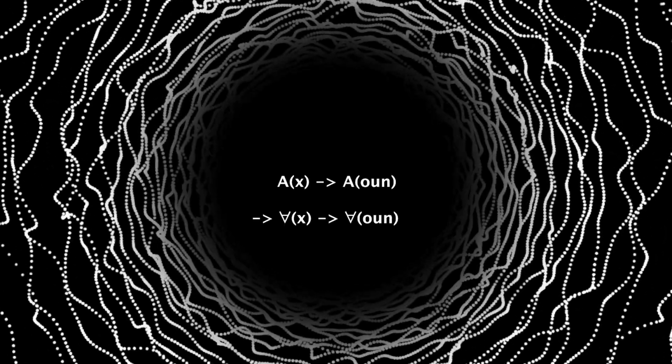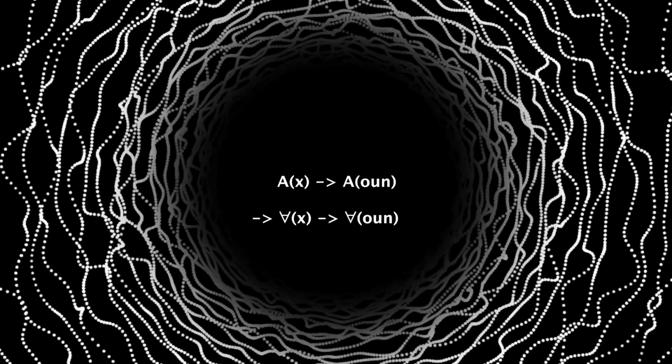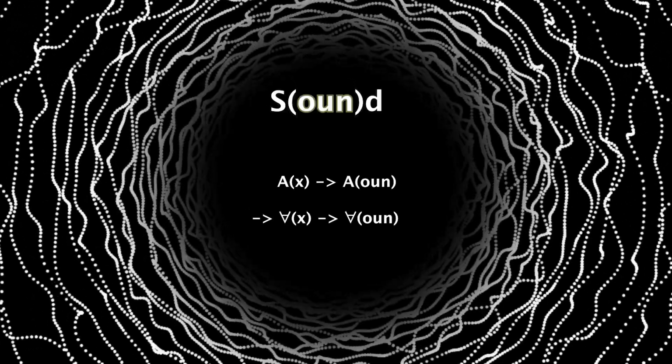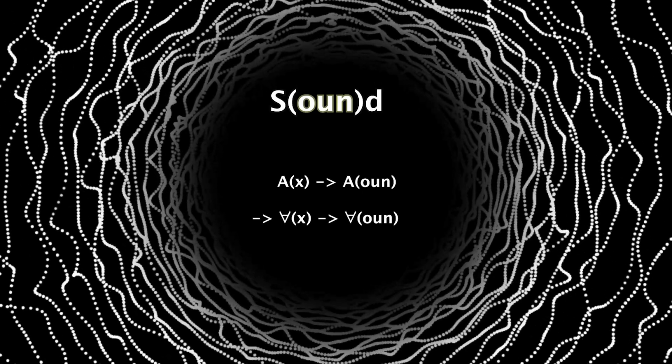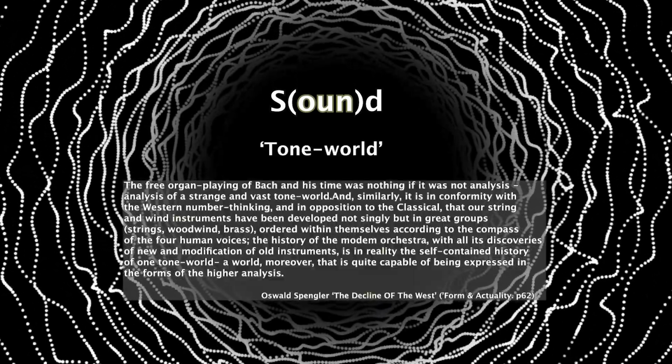When you've successfully isolated this sense impression from the various cases of use, you can reapply it to find how this sense impression qualifies those same words according to their respective domains. For sound, it gives us that distinctly acoustic depth, that inward or interior pervasion of tone, or as Spengler so aptly put it, a tone world.